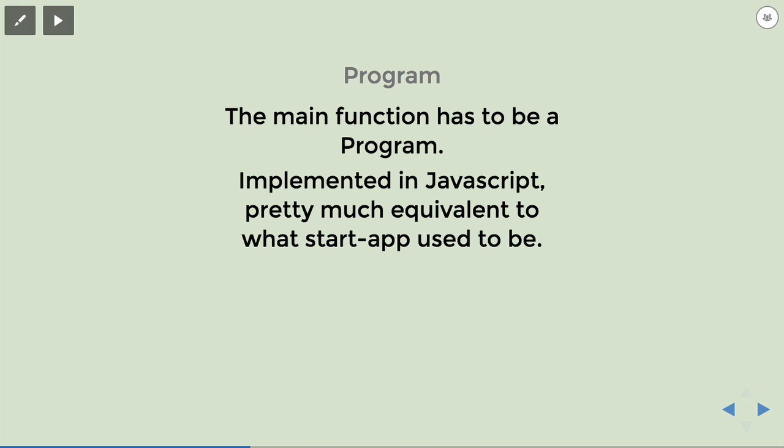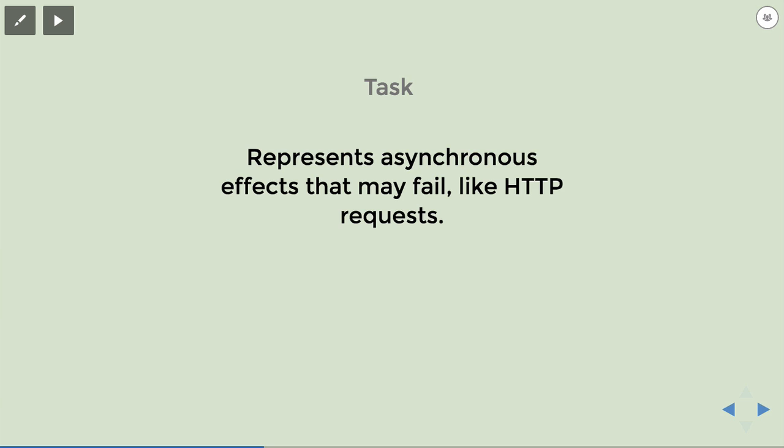It is equivalent to what StartApp used to be. StartApp was a library for 0.16. If you want to take a look at both of them, get the code of program, which is in JavaScript, and the code of StartApp, and you will be able to see how they are parallel in certain ways.